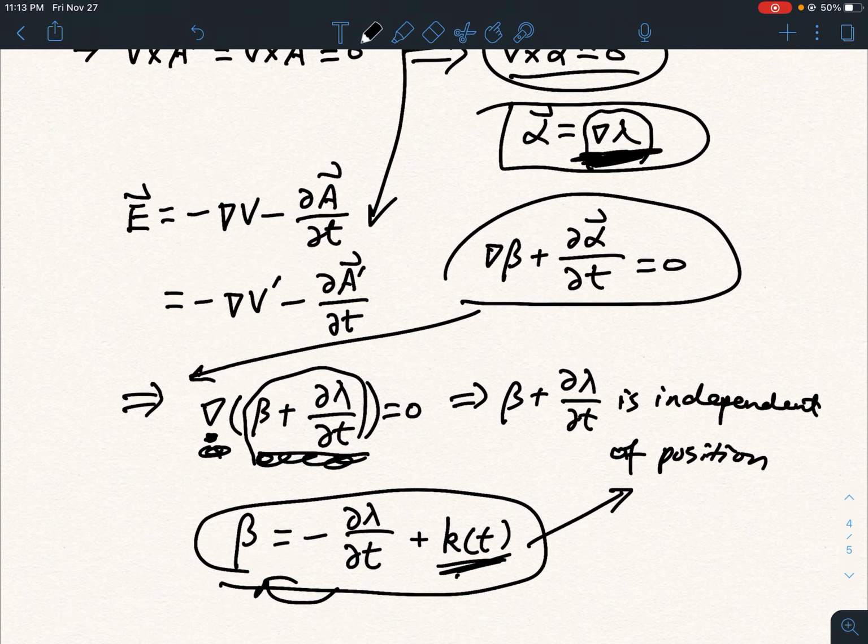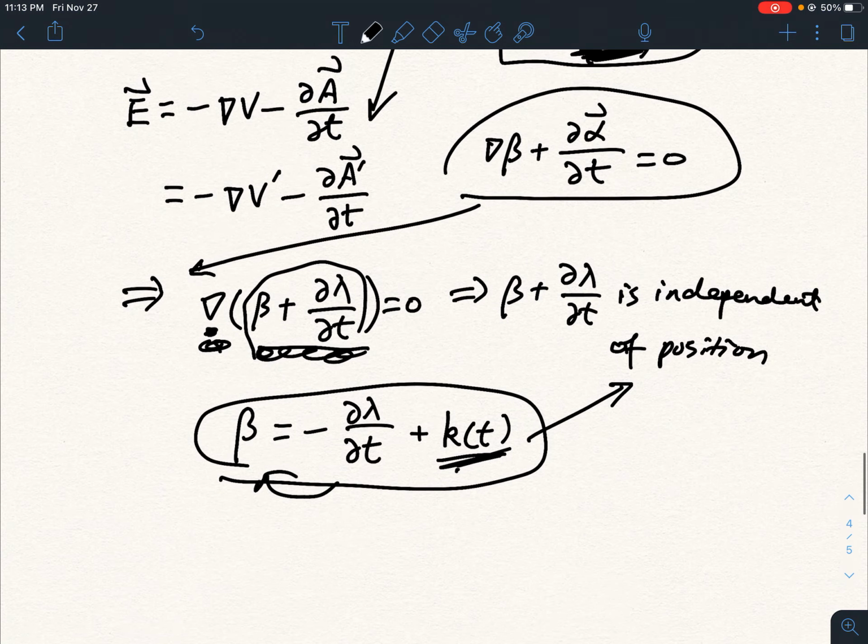You can see that this beta and lambda are related to each other. It cannot be any functions.